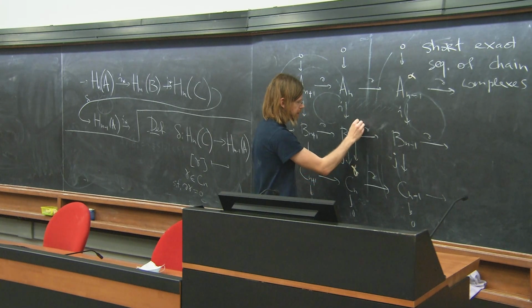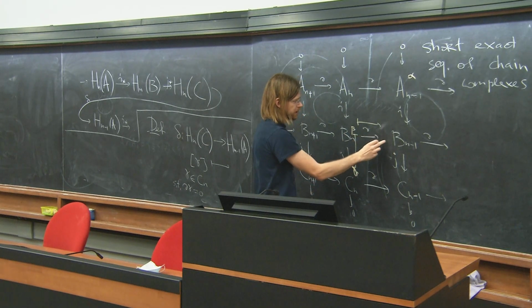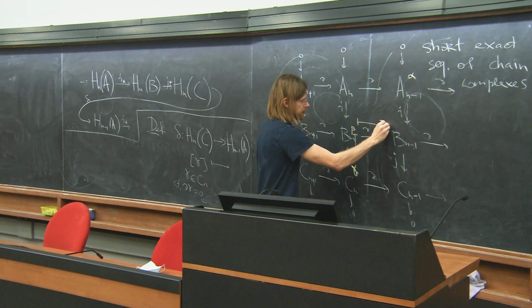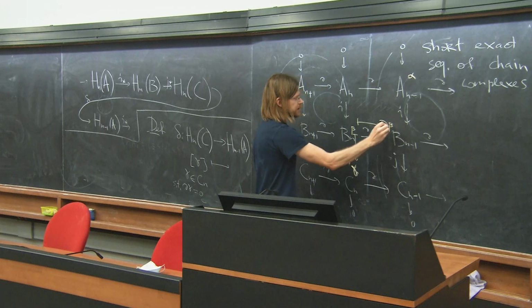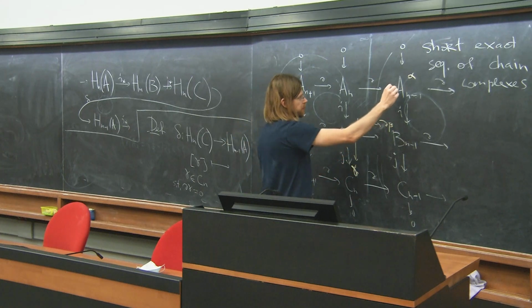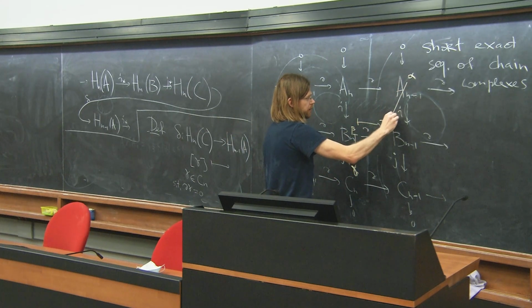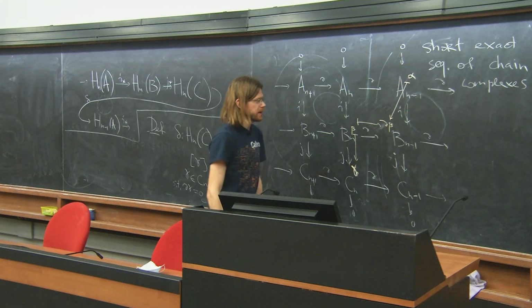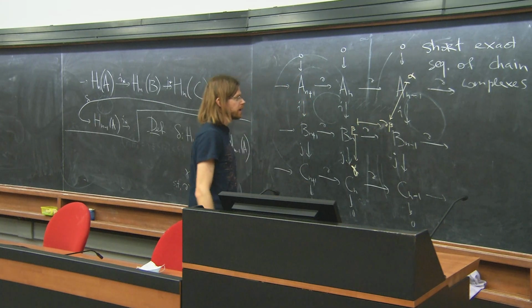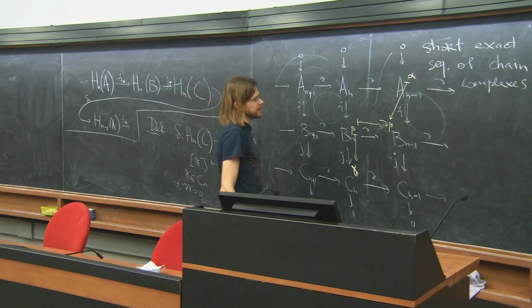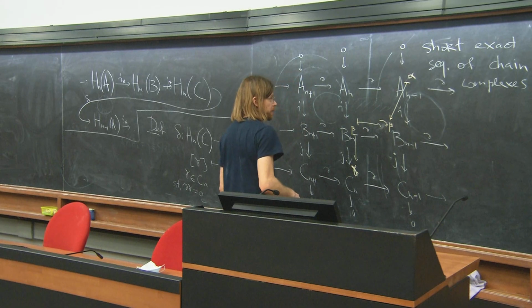Then take our beta here and act by this D map to take D beta, and then try to find some preimage of this D beta with respect to our I map. And this preimage will give us some element alpha here.